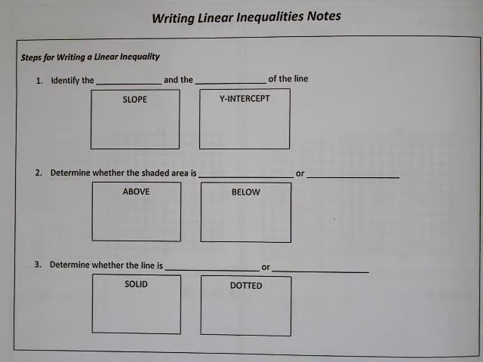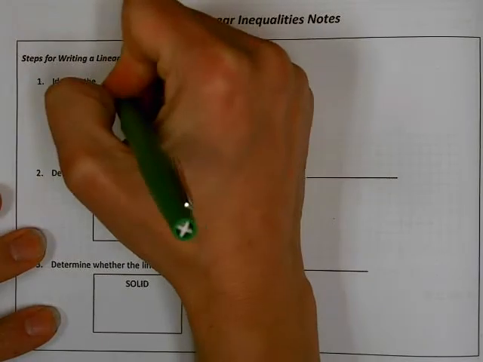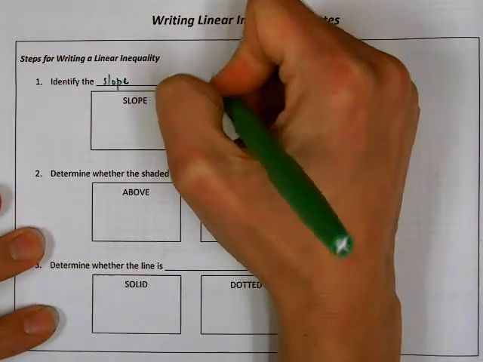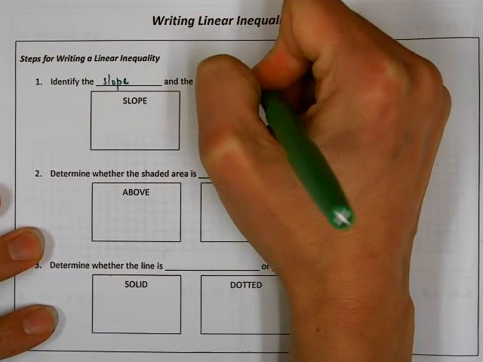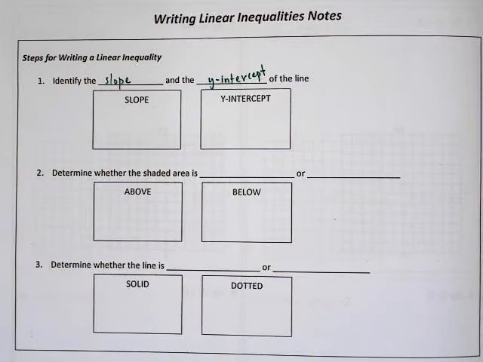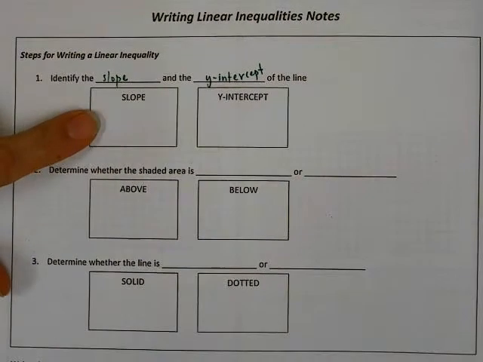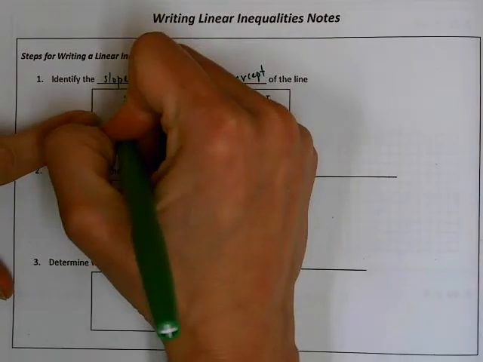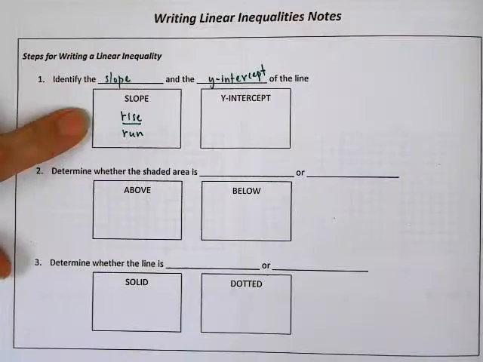The first thing we're going to do is identify the slope and the y-intercept of the line. In order to find the slope, we're going to pick out two nice points on the graph, and we're going to use rise over run to come up with that slope.